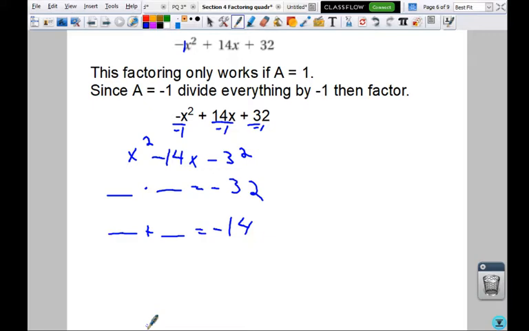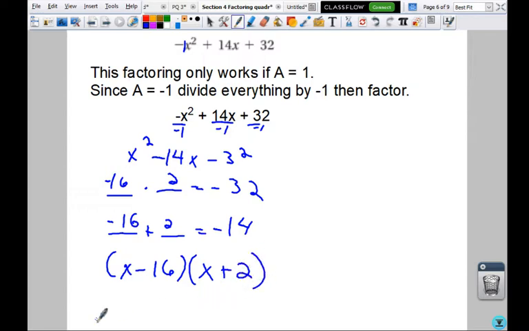No, because they multiply to be negative, so only one is negative. Devin, you got an answer? Negative 16 times 2. Alright, let's try negative 16 times 2. Negative 16 times 2 is negative 32. What's negative 16 plus 2, Dazen? Negative 14. So my answer is x minus 16, x plus 2.